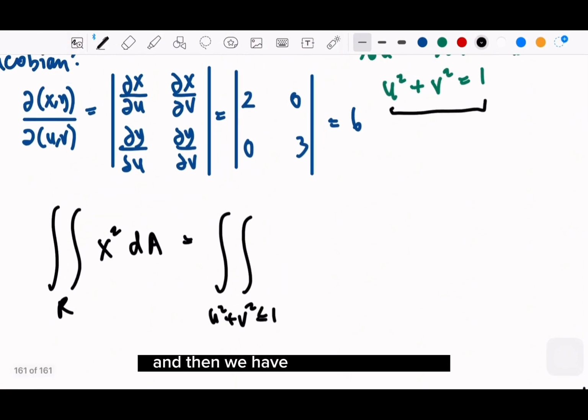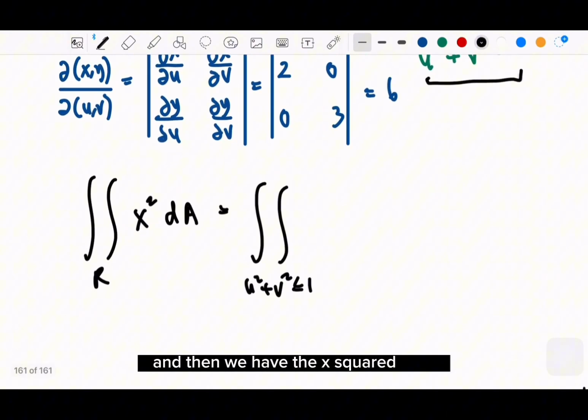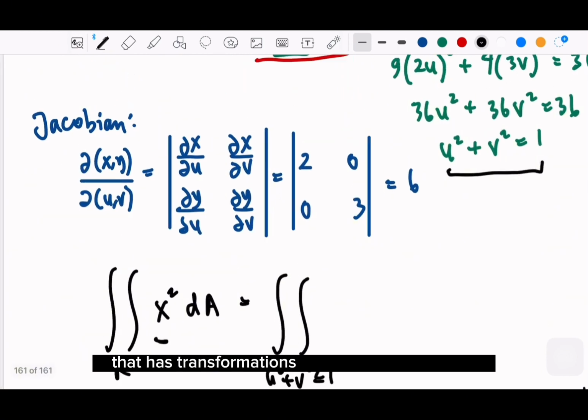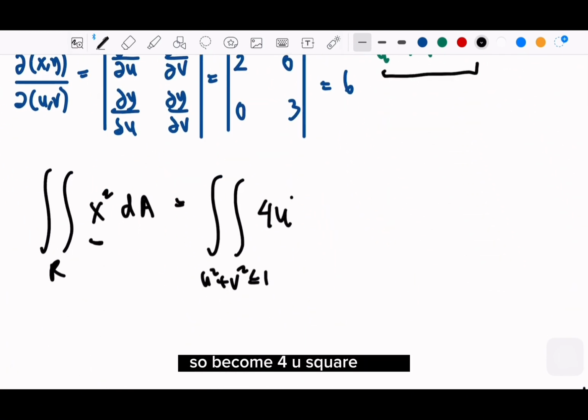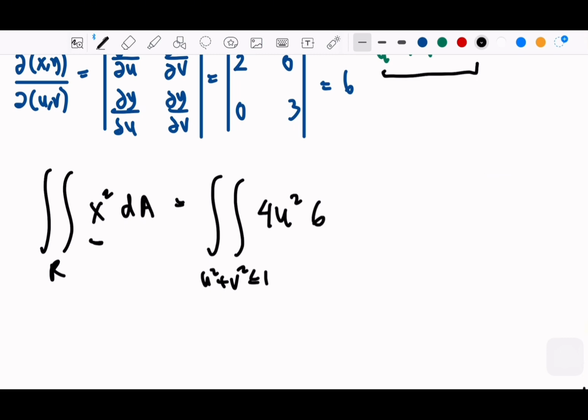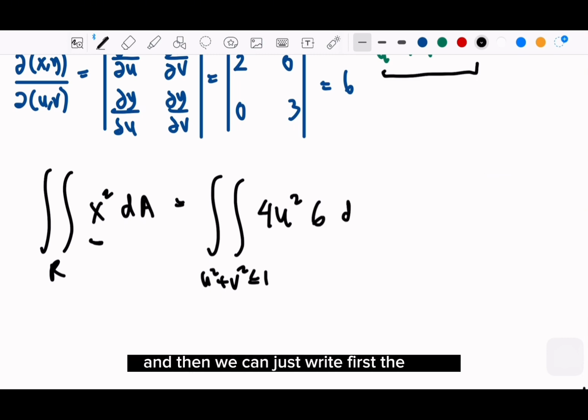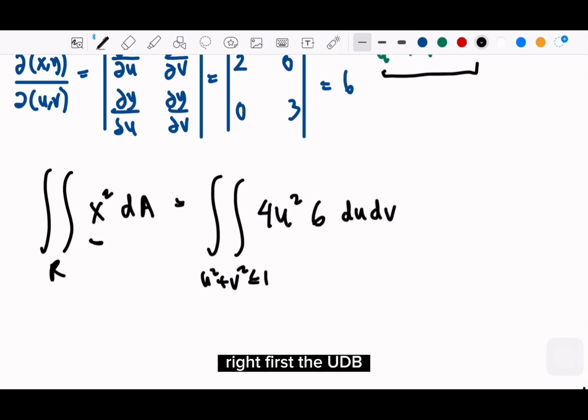And then we have the x squared here that transforms to 2u. So 2u squared becomes 4u squared. Okay. And then multiply with the Jacobian 6. And then we can just write first the dudv.